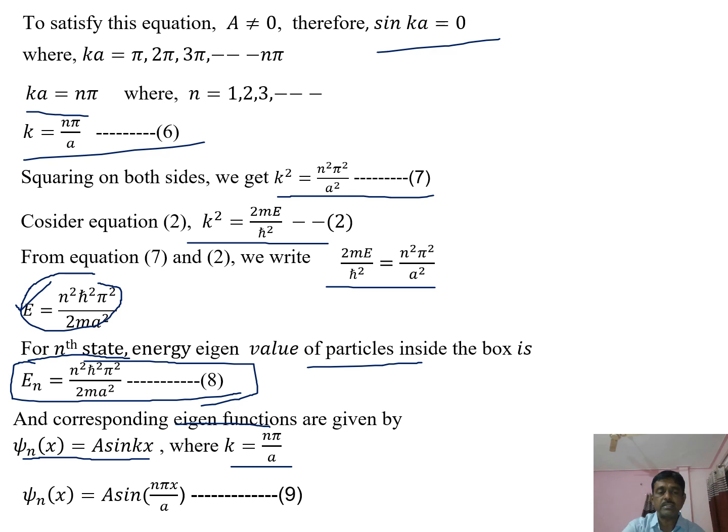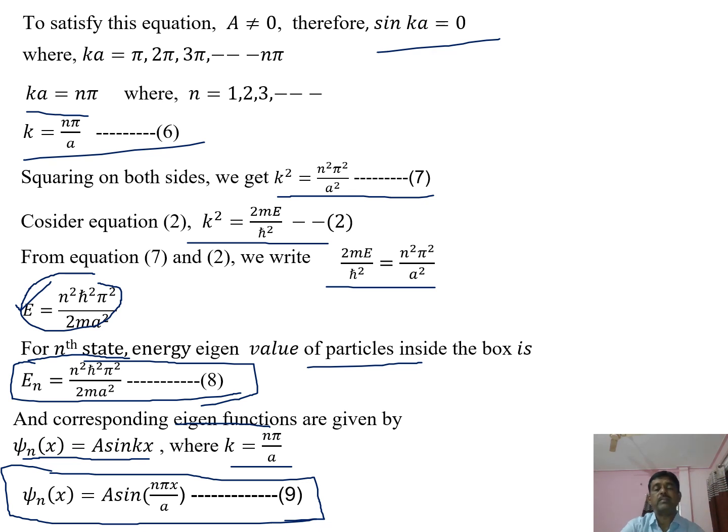Therefore, the wave function psi is equal to A sin n pi x divided by a, equation number 9. Thus, equation 8 and equation number 9 represent the energy eigenvalues and eigenfunctions of the particle for the nth state. Okay, thank you.